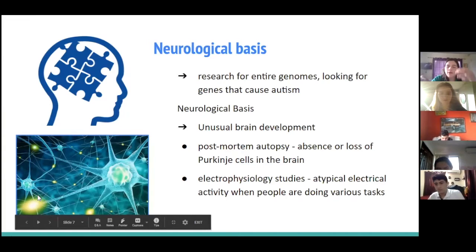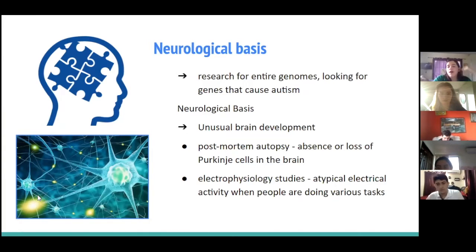So nowadays, much research is being done on entire genomes, in which scientists are looking for genes that cause autism. But there hasn't been a specific gene found yet, as Nadia mentioned before. Nevertheless, experts do agree that there is a neurological basis to autism.